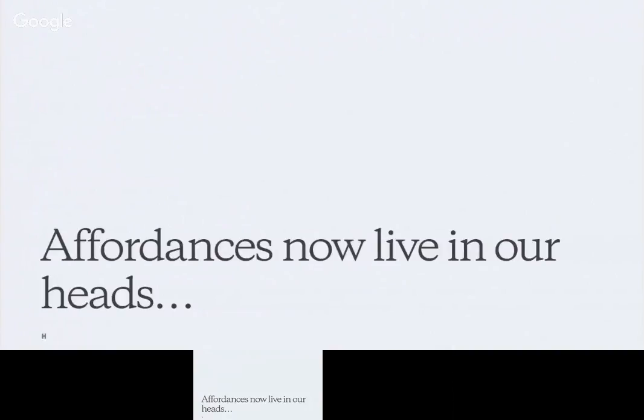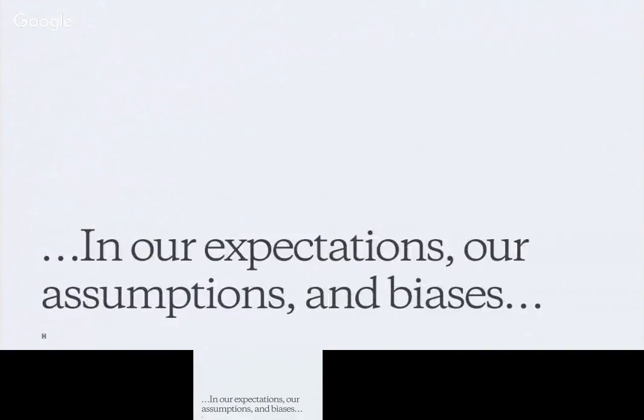There are the assumptions you make about how things work. They are the expectations you bring to what a computer should be able to do. And therefore, the surface of design is changing now. And so I would say design now lives in our expectations, our assumptions, our biases about interfaces, right? And that in turn is the new material of design.